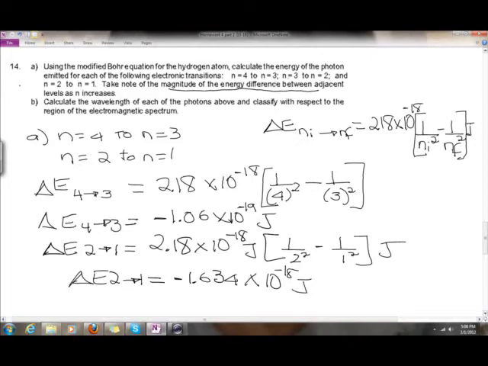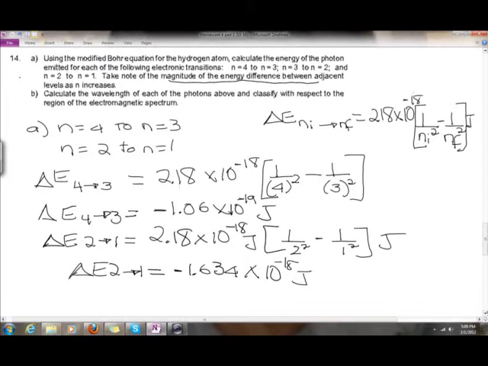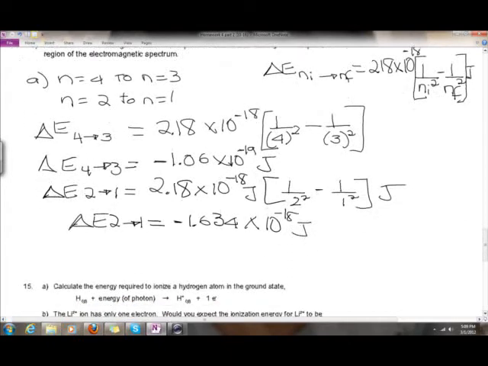You can do from n=3 to n=2, that is the middle energy level. So if you go 4 to 3, 3 to 2, and 2 to 1, you will see with more detail the trend of the energy level, the release of energy.